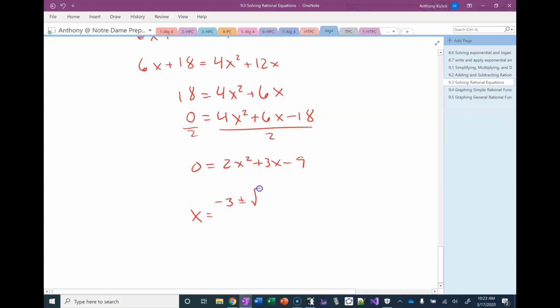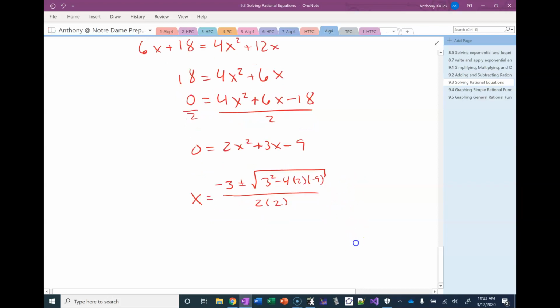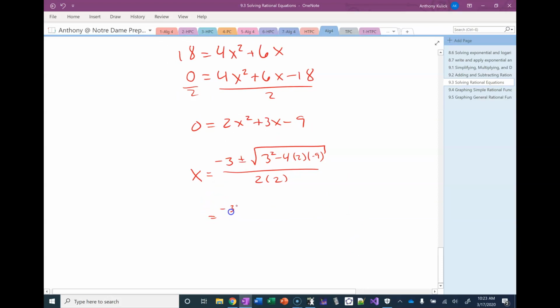So negative b plus or minus the square root of b squared minus 4ac, all over 2 times a. So when I do that, I have negative 3 plus or minus the square root of 9 plus 72 over 4. 9 plus 72 is 81, and the square root of 81 is 9.